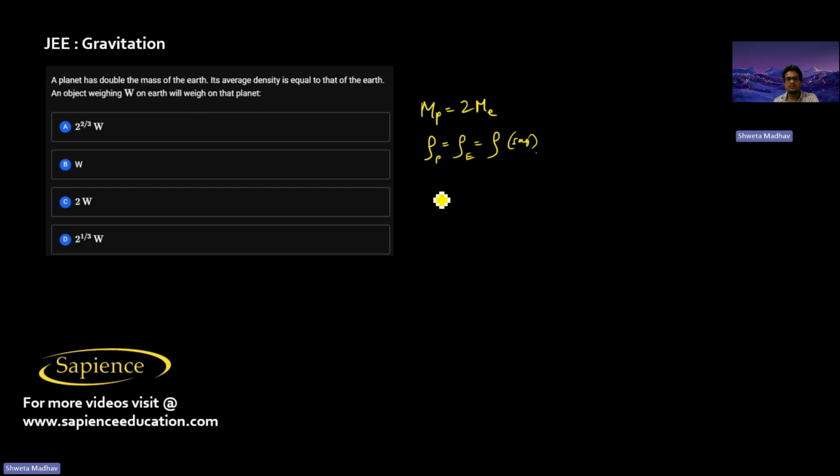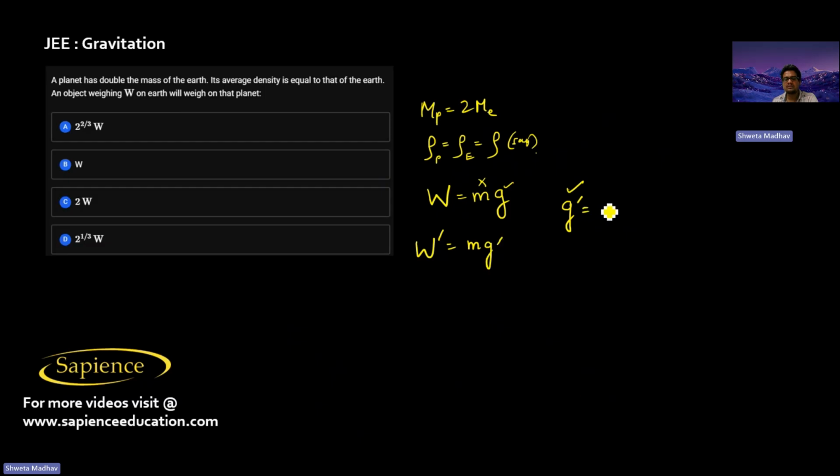If the weight of an object on the Earth is equal to mg, then the mass of the object will not change, but the weight will change since the value of g will change. So if g dash is the acceleration due to gravity on that planet, the weight on that planet will be mg dash.